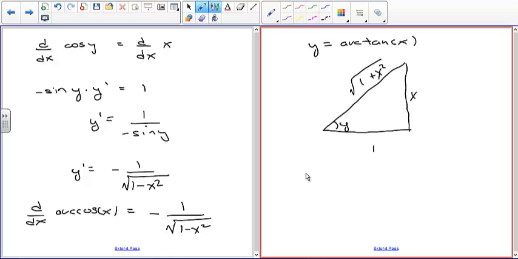Okay, so we do the same thing. We take the tangent of both sides. So the tangent of the arctangent of x, so again the right-hand side just becomes x.